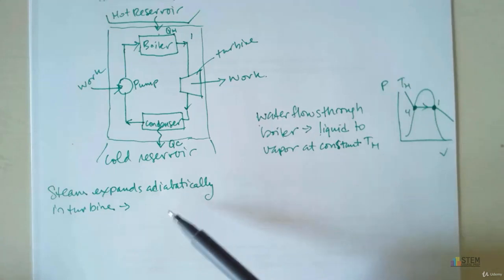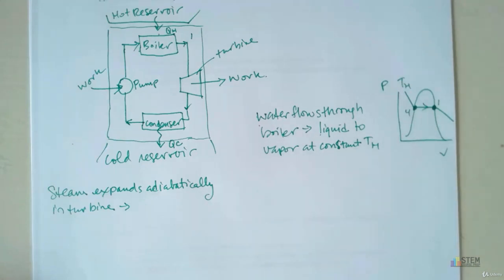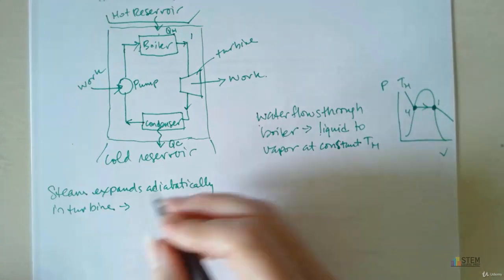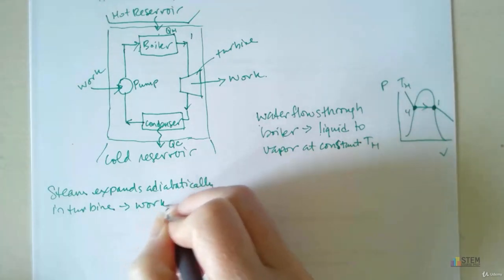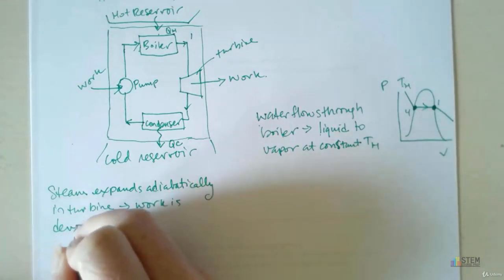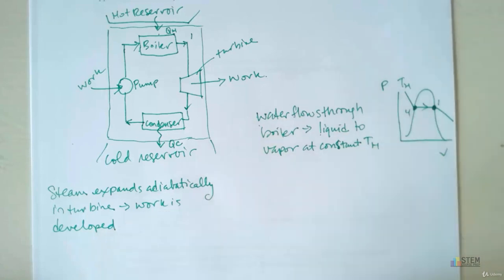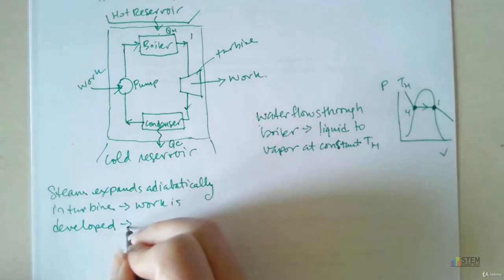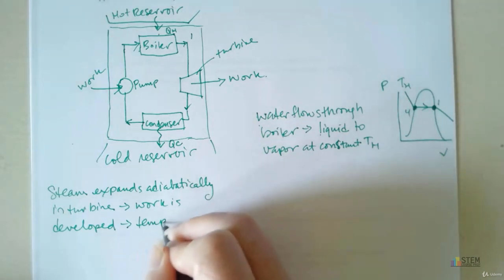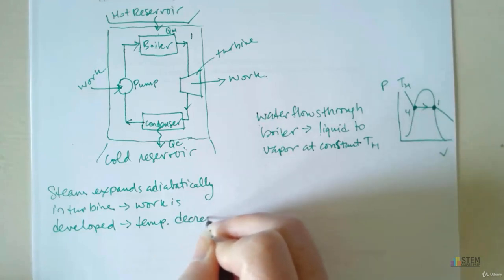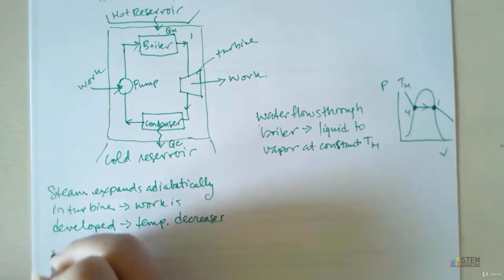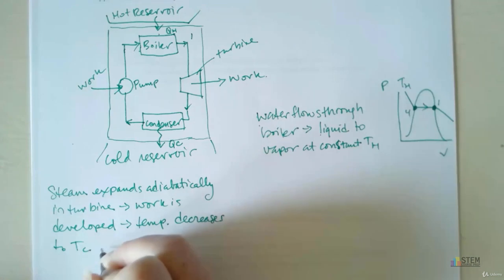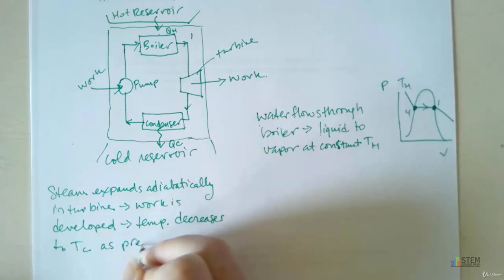Remember, the turbines work because you have fluid passing over those blades. It turns the blades, and work is developed. All right, so we got work developed. Now, as all this is happening, our temperature decreases to TC as the pressure decreases.